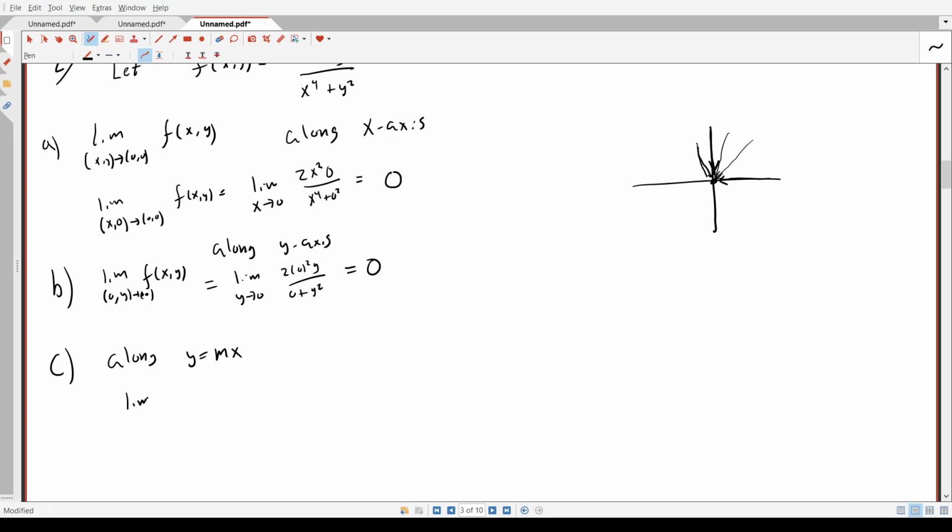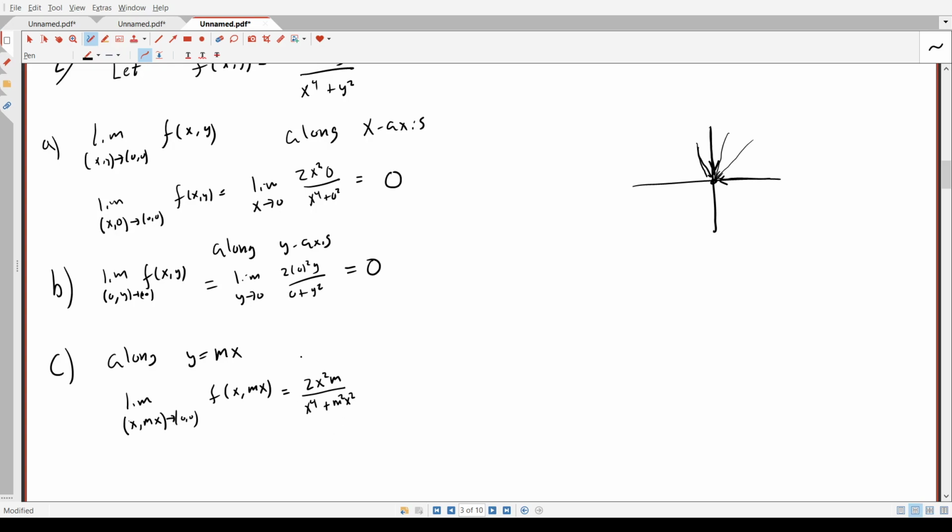So this is the limit as x and mx go to 0, of f of (x, mx). So that's going to be, I have 2x squared m on top over x to the 4 plus m squared x squared.